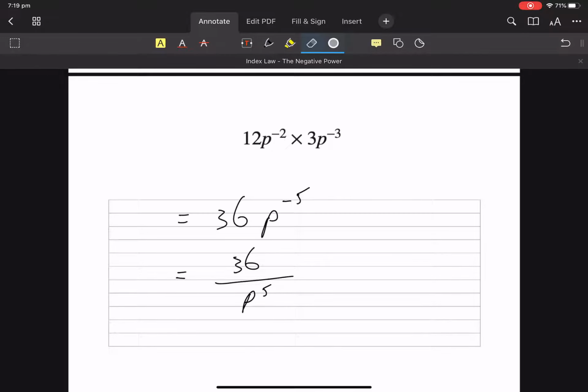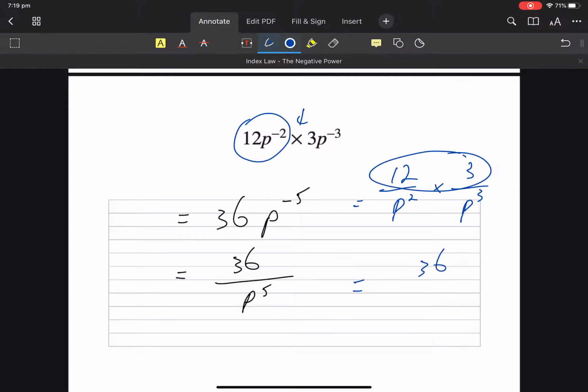Let's do that differently. How I'm seeing that is 12 on p squared multiplied by 3 on p cubed, which clearly gets 3 12s are 36, and that's p to the 5.